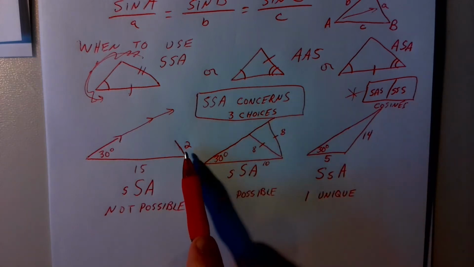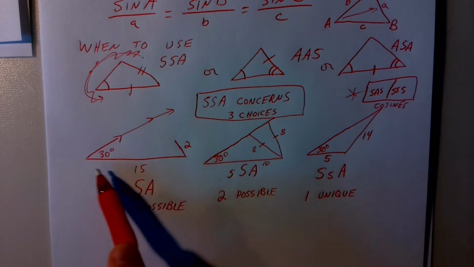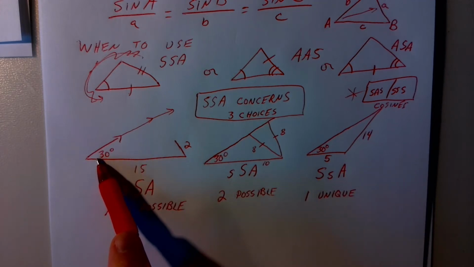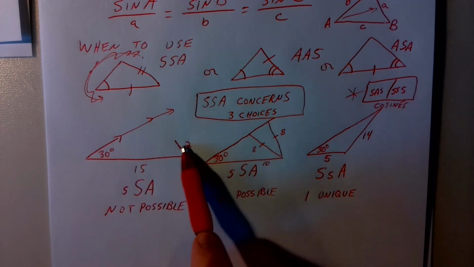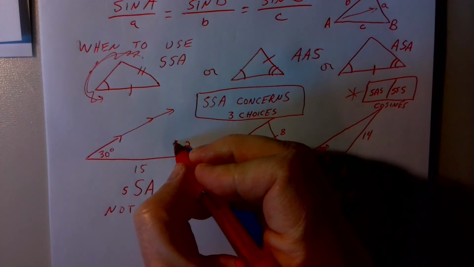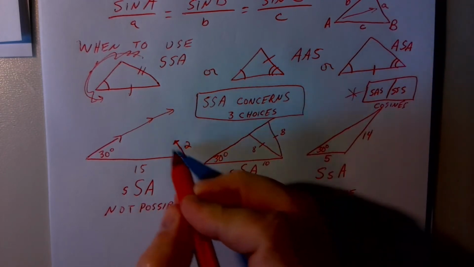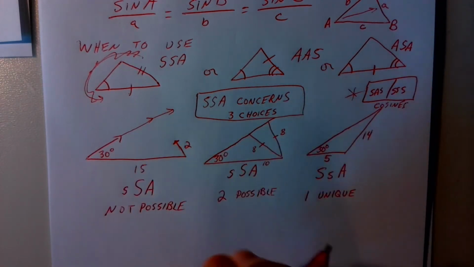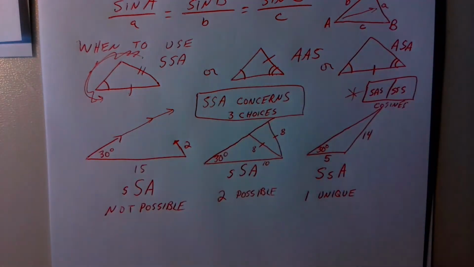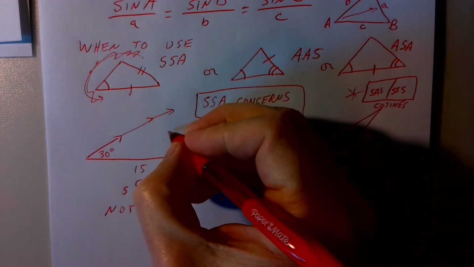Like you can see right here, I have this little side that's given, which was 2, and it's connected to a side which is length 15. And then there's an angle given that's 30 degrees. So a side, and then an angle. But you can see if this thing's only length 2, and I probably have it longer than 2 compared to this being 15, think about that, 2 going across, you can see that. It just can't touch.